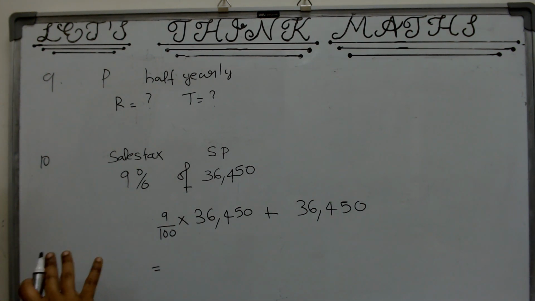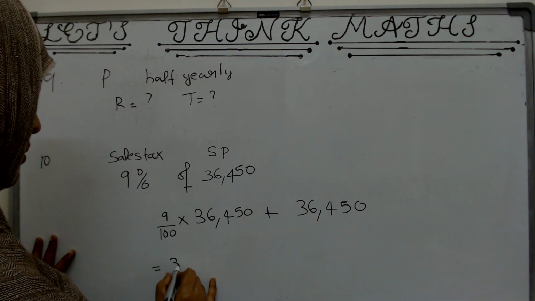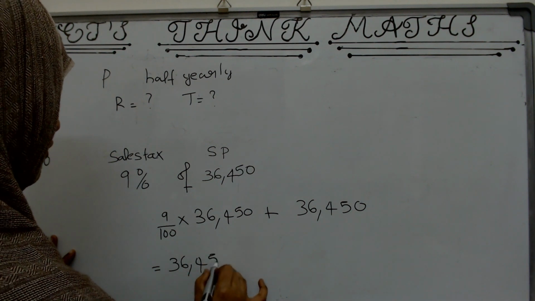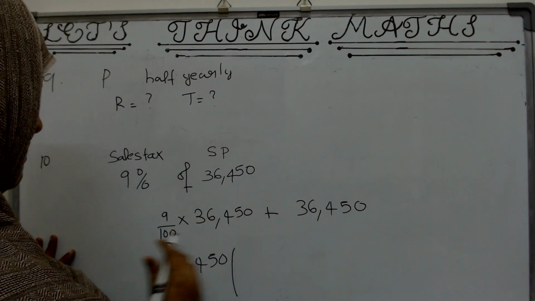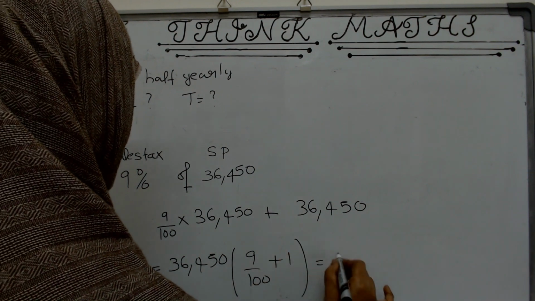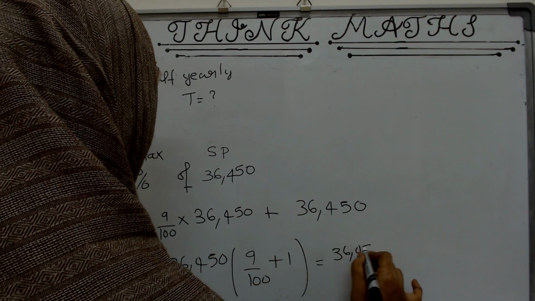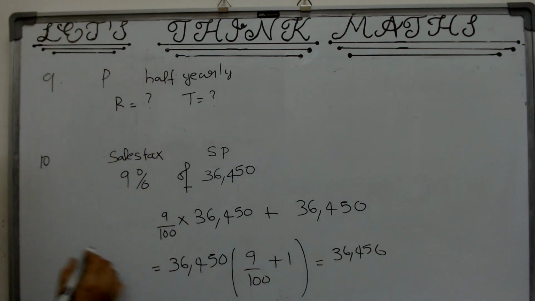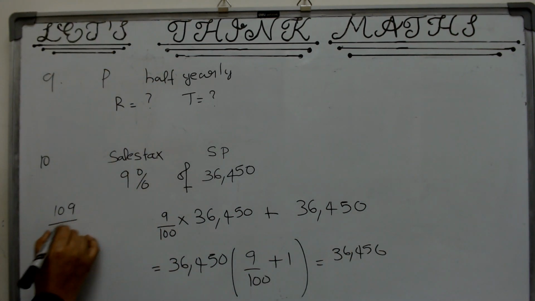Remember, you can do it in many ways. I am just doing it the way which will make minimum calculations. So you have 36,450 common, take it out, 9 by 100 plus 1, that is equal to 36,450 into, this will be what? 109 by 100.